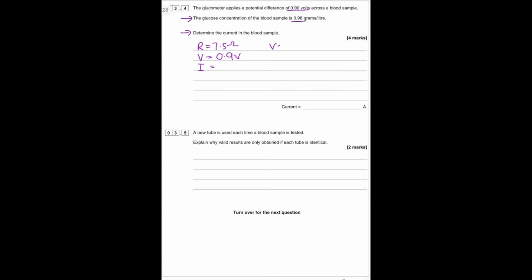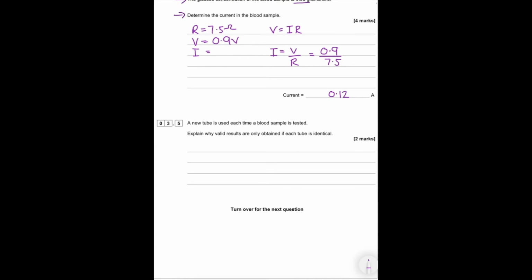The equation we are going to use is potential difference is current times resistance. If we rearrange this equation, the current is the potential difference divided by resistance. Putting our numbers in, that is 0.9 divided by 7.5, and if we calculate that out, the current will be 0.12 amps.